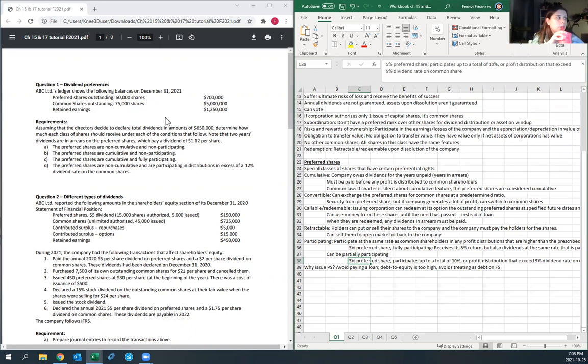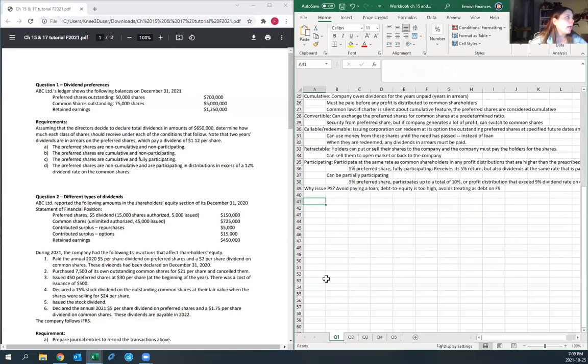So for question 1, we're going to see how the dividends are distributed based on the features of preferred shares. ABC Limited Ledger shows the following balances on December 31st, 2021. Preferred shares outstanding, 50,000 shares for $700,000.